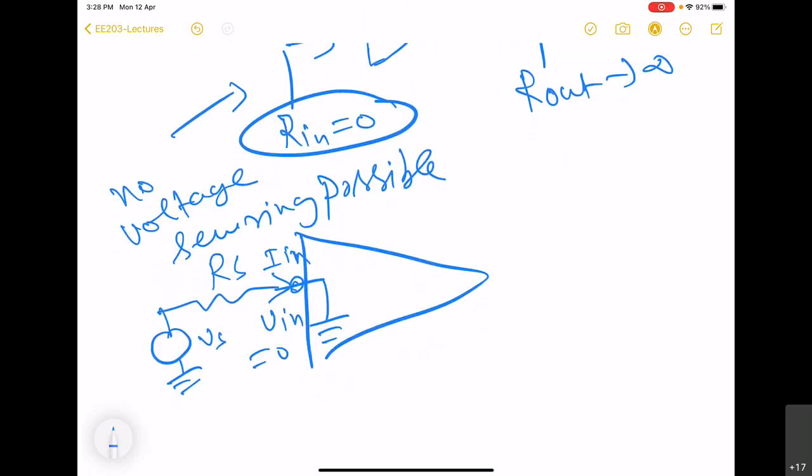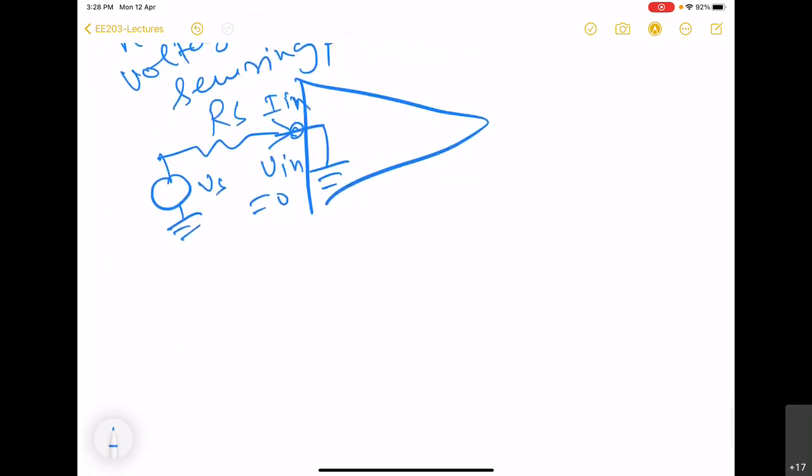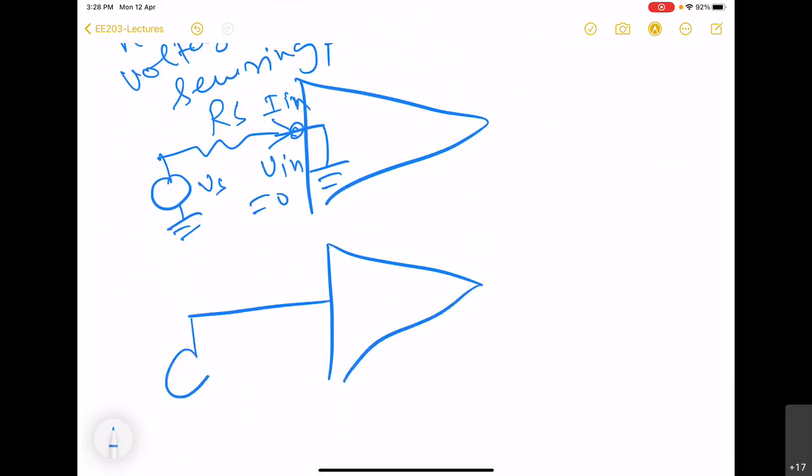And since it is sensing current on the input side, typically we try to show that it is getting excited by a current source.